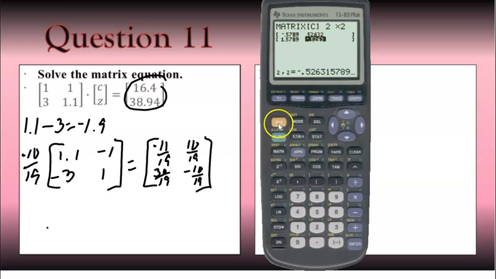Then we have to edit the other one. So second matrix, we're going to edit. And the other one's going to be a 2 by 1, so I'm going to edit number 4. So this is a 2 by 1. So we have 16.4 here, and we got 38.94.